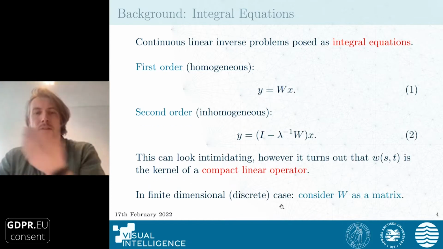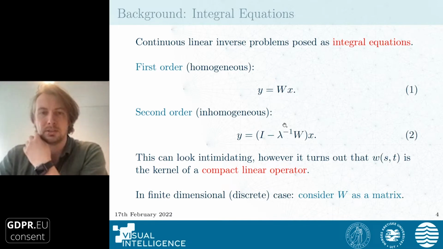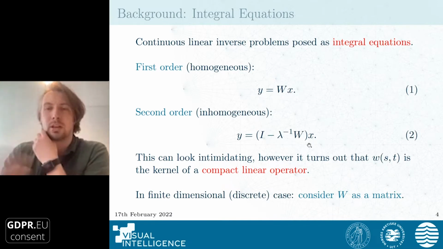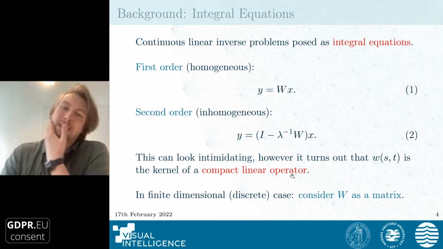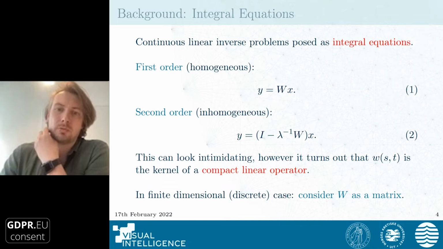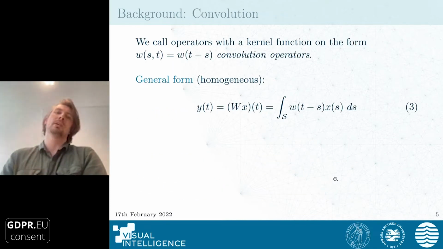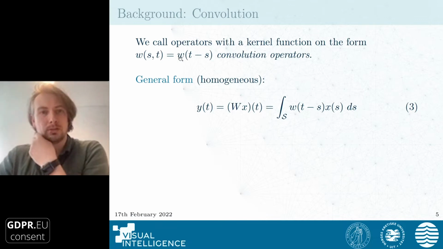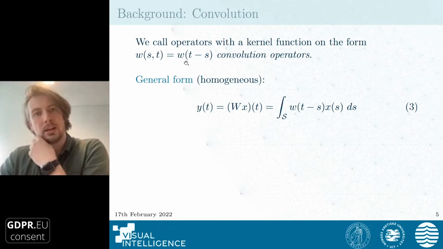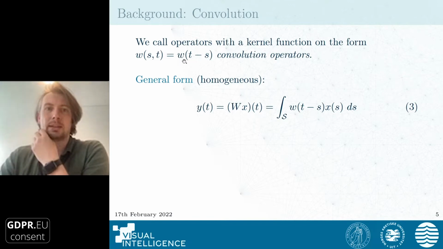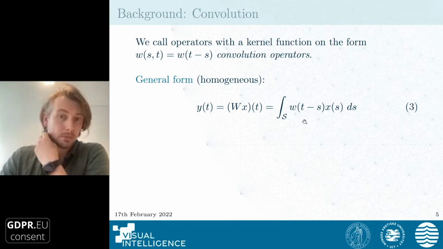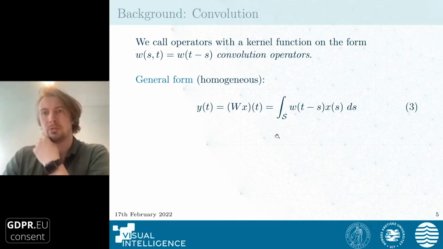So in the finite dimensional case, we can simply consider these as matrices, and we're basically working in discrete cases in deep learning. So this is how we think of how we can work with these types of problems. Operators with a kernel function of this form, where we subtract S from T and integrate over that, are called convolution operators and are probably familiar to most of you.